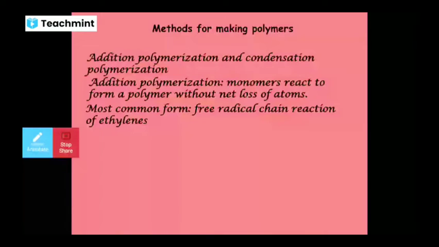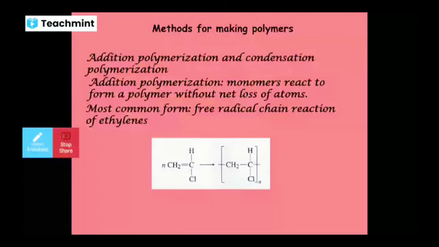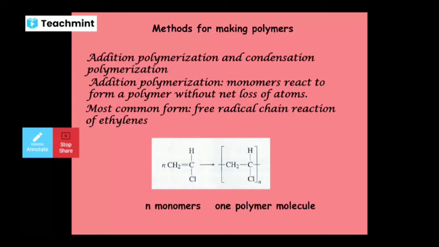Most common form: free radical chain reaction of ethylene. You can see here the ethylene, when oxidized, forms polyethylene at a given condition. N monomers form one polymer molecule.